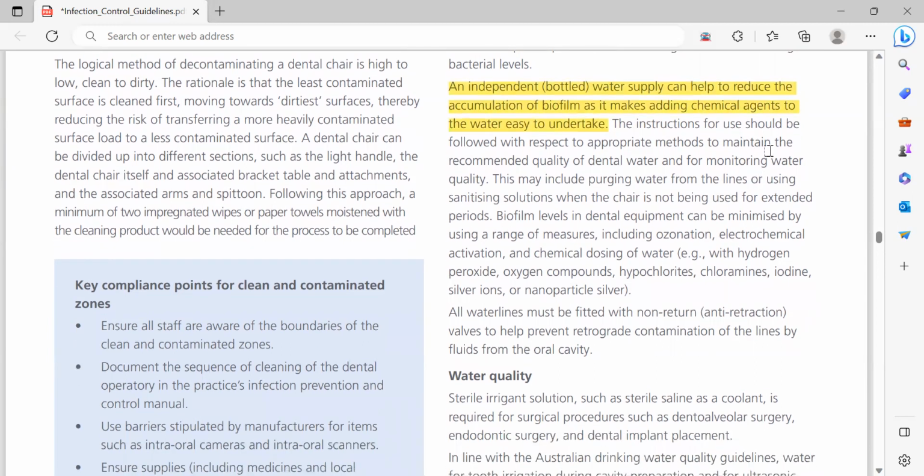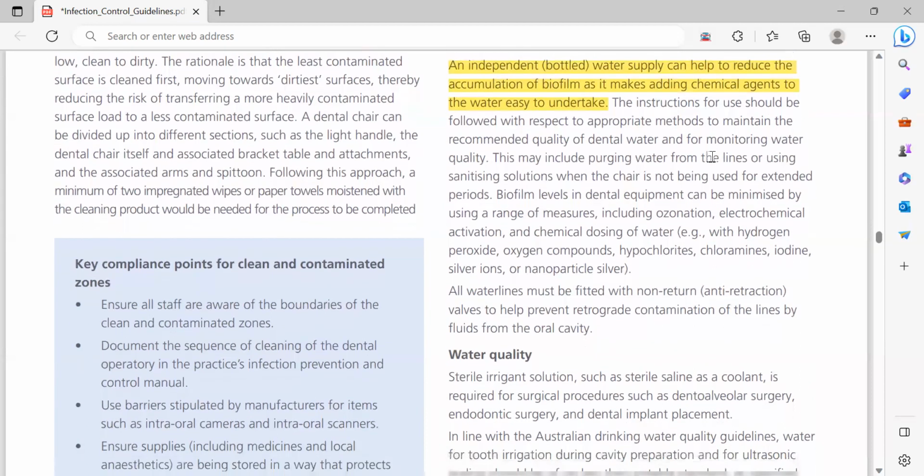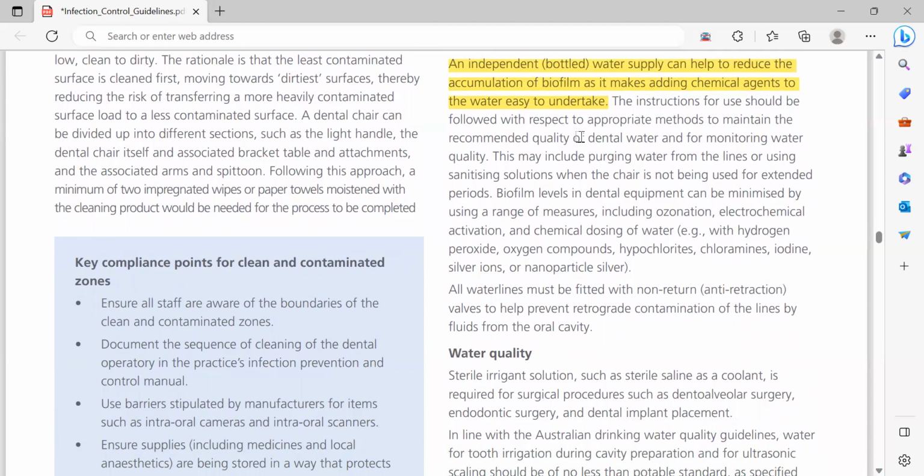The instructions for use should be followed, because we need to add some chemicals. So if you are using a bottled water supply, then you can mix it in that bottled water and it would be very effective. The instructions for use should be followed with respect to appropriate methods to maintain the recommended quality of dental water and for monitoring water quality.